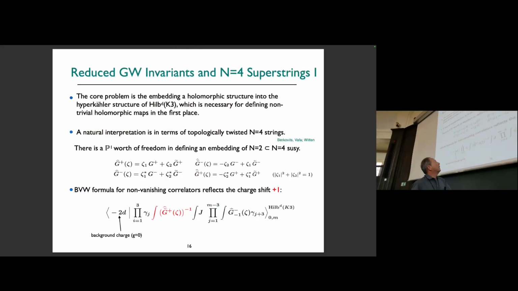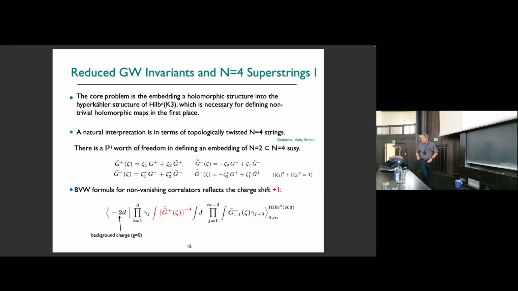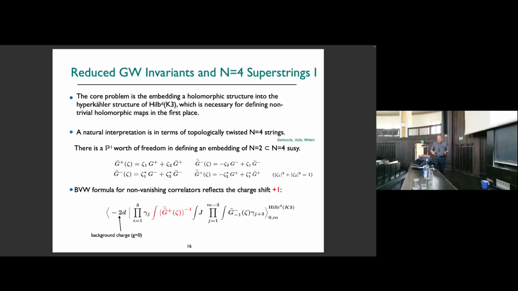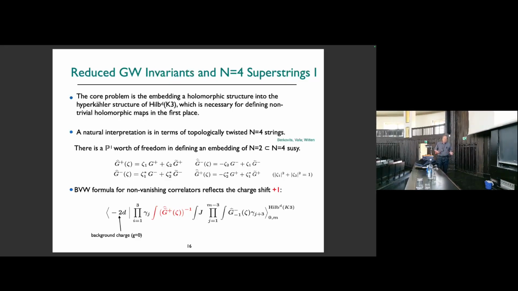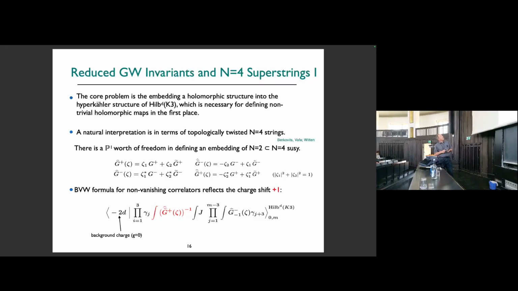And so the basic problem is that in a hyperkähler manifold there is no a priori notion of complex structure or holomorphic structure, or what is chiral and what is antichiral. Everything is mixed together. In order to count holomorphic maps, one has to single out a reasonably well-defined holomorphic subsector. And in our language, this corresponds to an embedding of an N=2 into an N=4 algebra. Yeah?